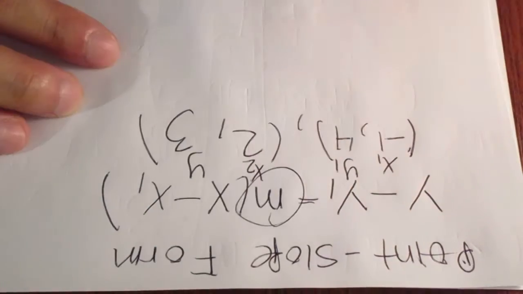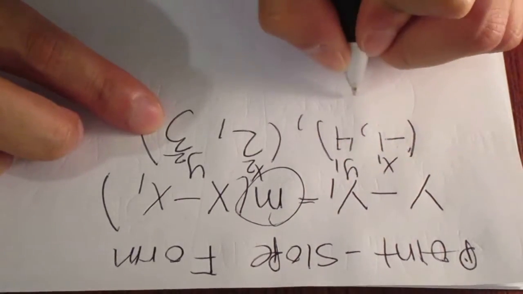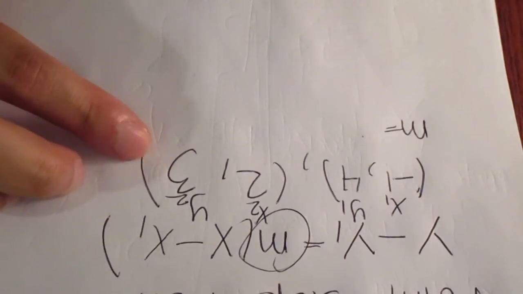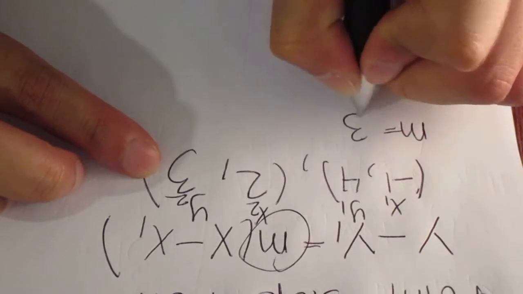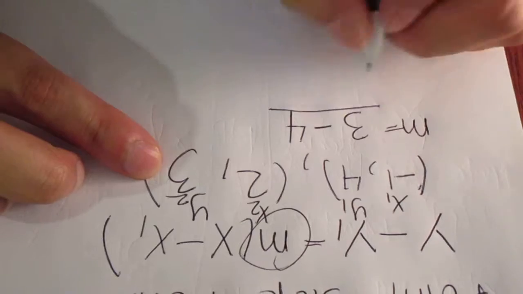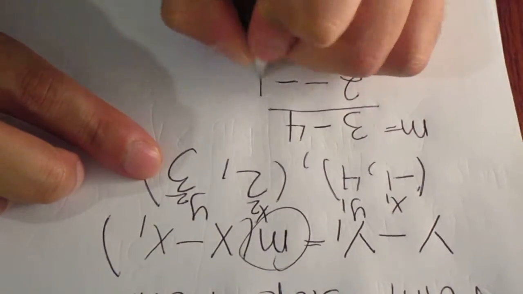We want to find the slope, so m is 3 minus 4 over 2 minus -1.